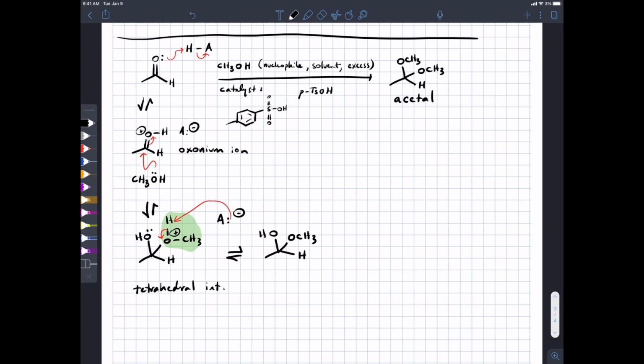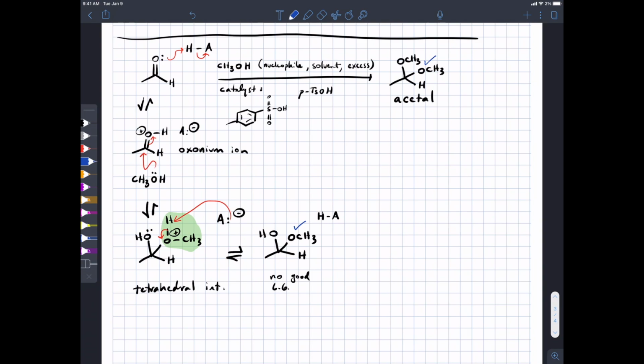So we're using acid-base chemistry here to change who the good leaving group is. Now, comparing where we are here versus our product, we have added one of the two methanol groups, but we have to add the other.